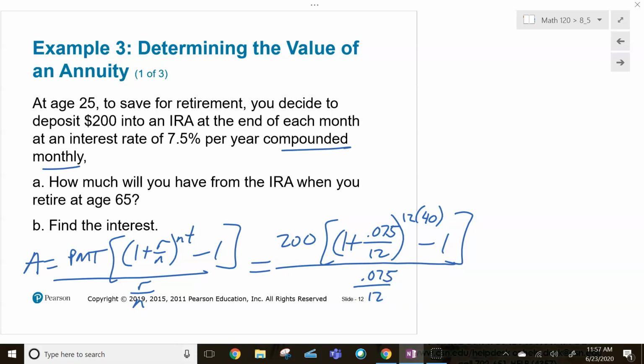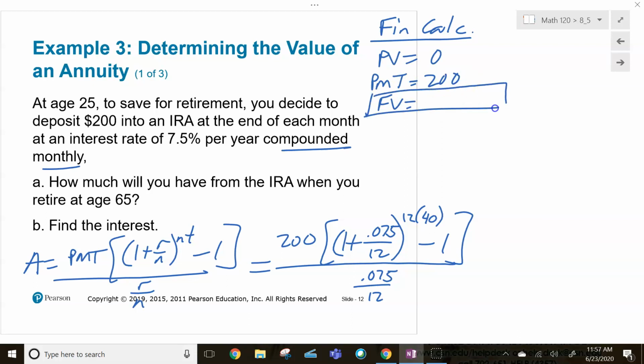Okay, let's do it with the financial calculator. You're putting no money in up front. You're making a monthly payment of $200. I want to know my future value. My rate is 7.5%.